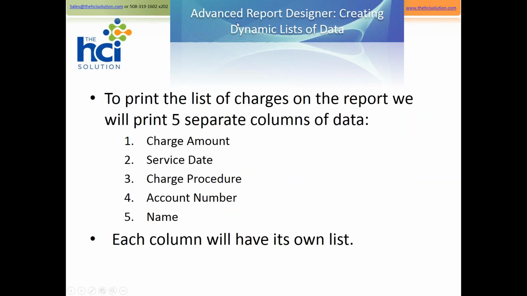So in order to print the list of charges in the report, we're going to print 5 separate columns of data. So we're going to have 5 separate lists to output the data. You could do it all in one list, but doing 5 separate lists for 5 separate columns gives you more flexibility with your formatting and spacing.